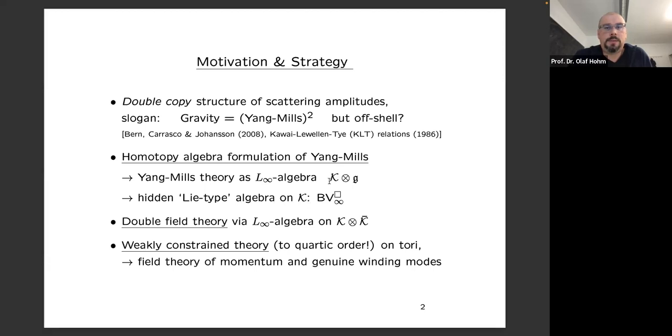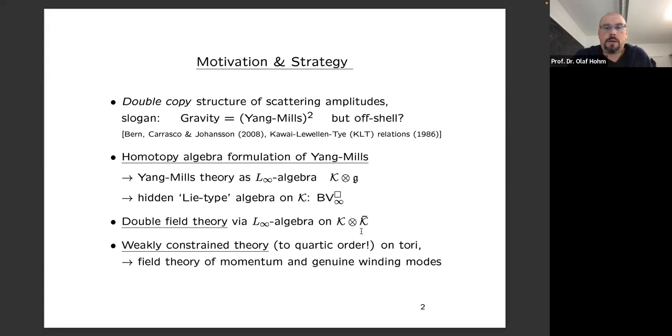Now the idea is to get gravity out of this in the form of what's called double field theory. Double field theory is a formulation of gravity or N=0 supergravity that is particularly convenient for this purpose because it has this kind of left-right factorization built in, that you get by taking the tensor product of two copies of this kinematic algebra. So the color factors are gone. Now just the kinematics.